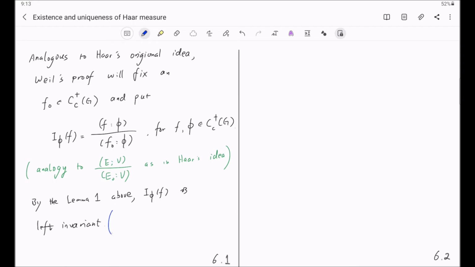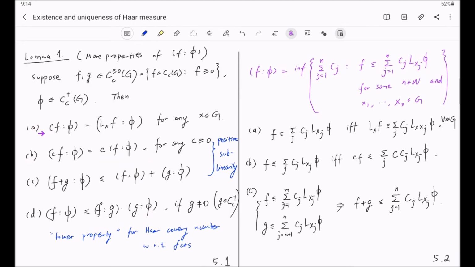This means I sub phi applied to L sub x of F is equal to I sub phi applied to F for any x in G. And this is essentially due to the part A of our lemma 1.